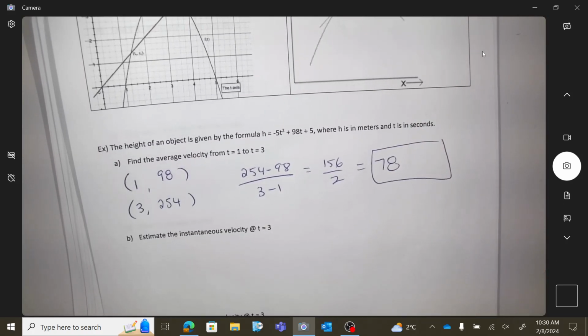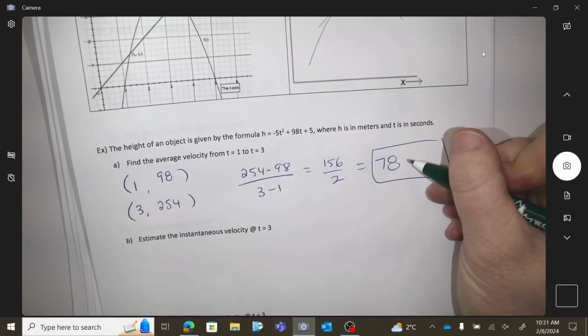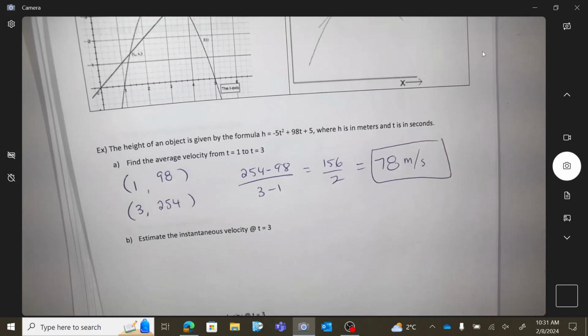And then we're going to put some stuff on the end of that number, though. In what? Meters per second.